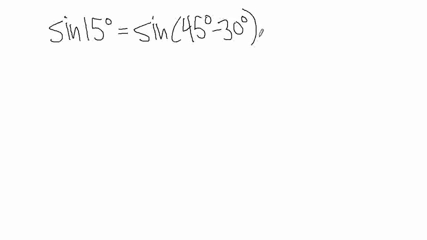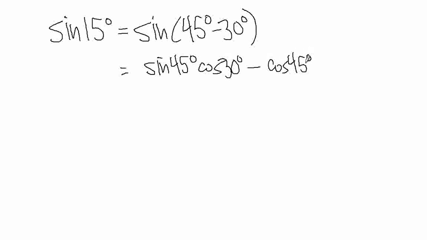Okay, so now we can use the difference identity for sine to make progress. So that's going to give the sine of 45 degrees times the cosine of 30 degrees minus the cosine of 45 degrees times the sine of 30 degrees.